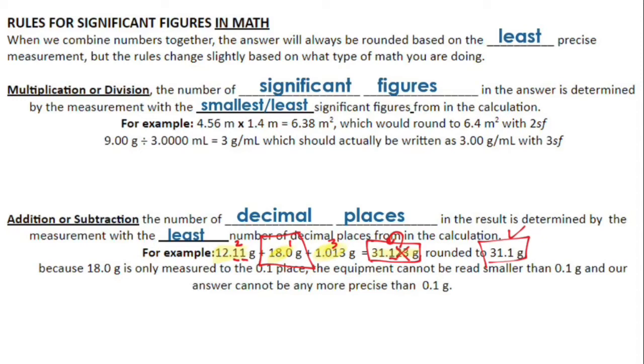So really what we need to be ready for is, when do we use sig figs versus when do we use decimal places? Most of the math we do is probably going to be multiplication and division, so most of it is going to be these new sig figs things. But occasionally we will do some addition and subtraction, so I want you to be aware of those rules.